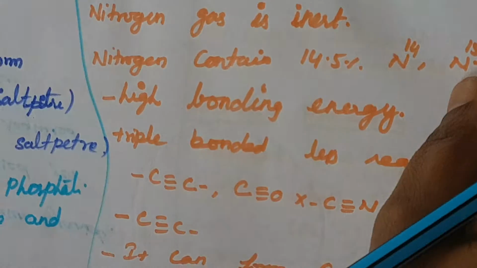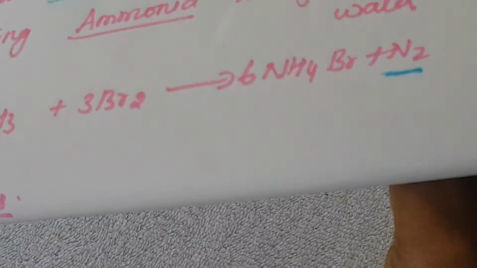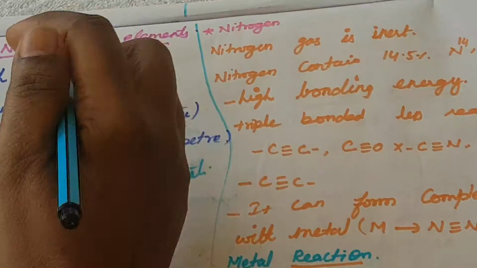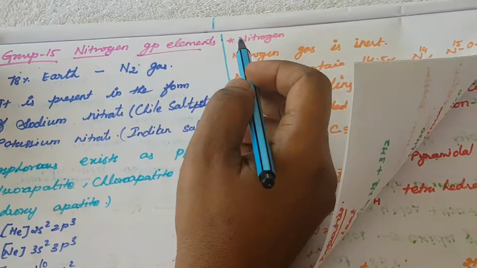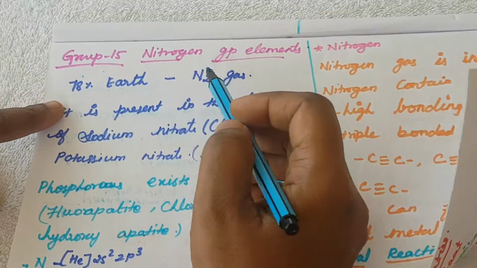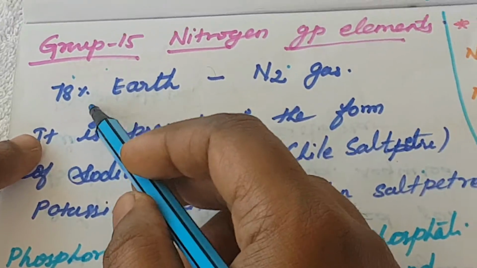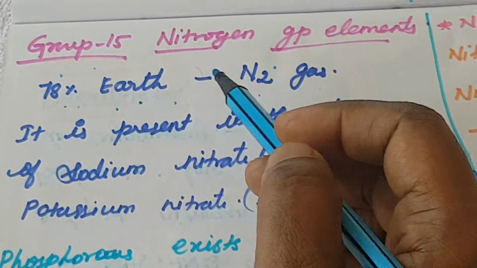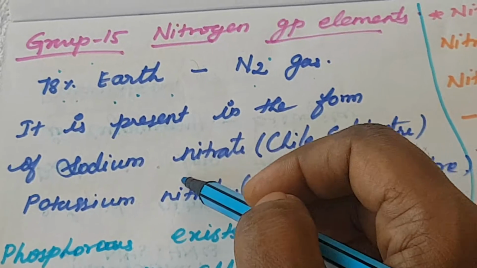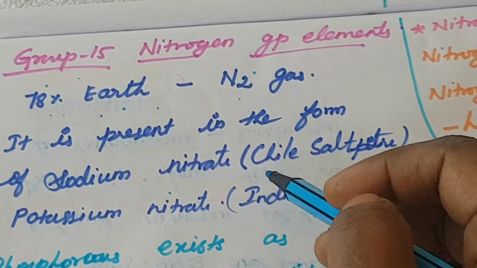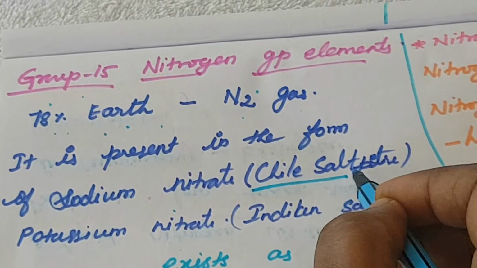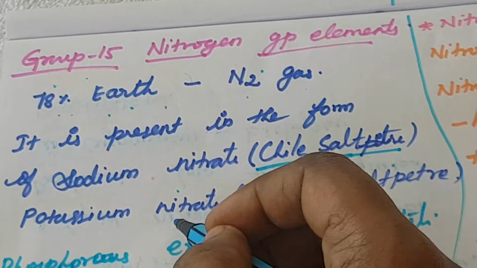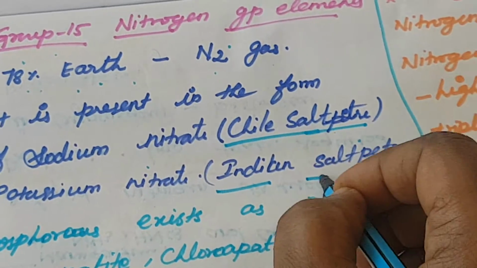Before the properties, what is the occurrence of the 15th group, the nitrogen group? Nitrogen makes up 78% of the air. It is present in the form of sodium nitrate and potassium nitrate. Sodium nitrate is otherwise called Chile saltpeter and potassium nitrate is called Indian saltpeter.